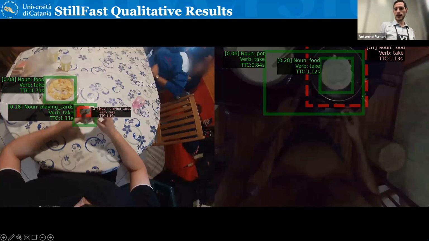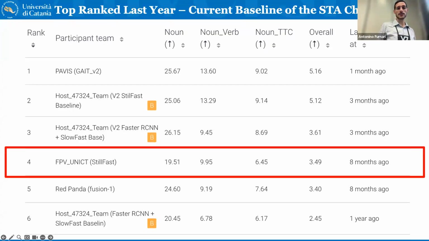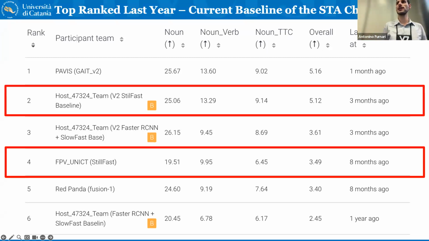And this model was ranked first in the challenge last year, and this year it was the baseline of this year's challenge, and it's not top ranked anymore. But the interesting thing is that the winners based their code base on our code base, which is exactly what we wanted.